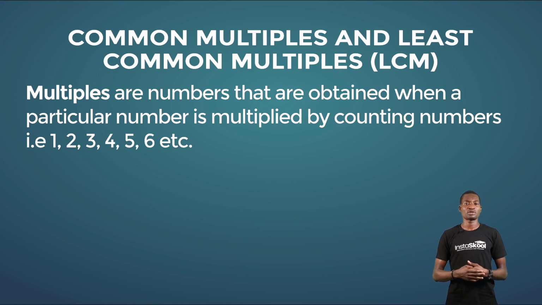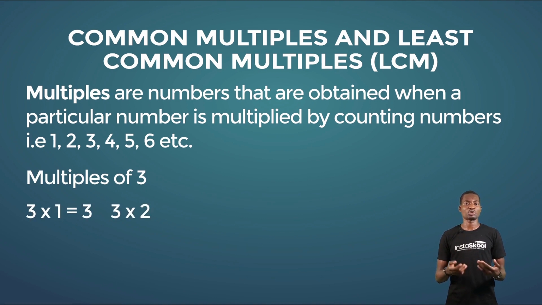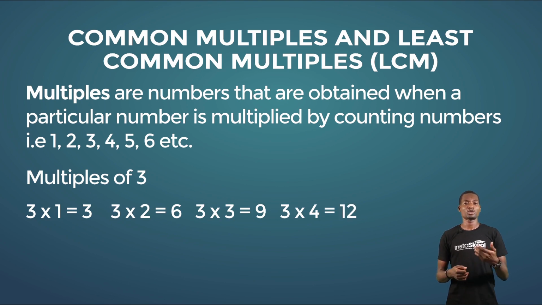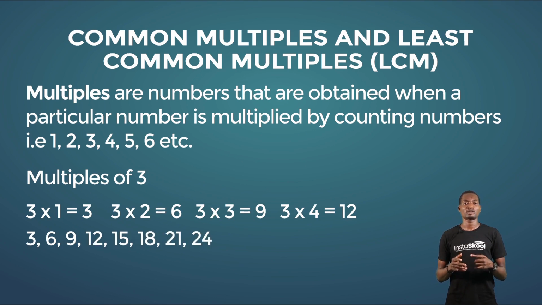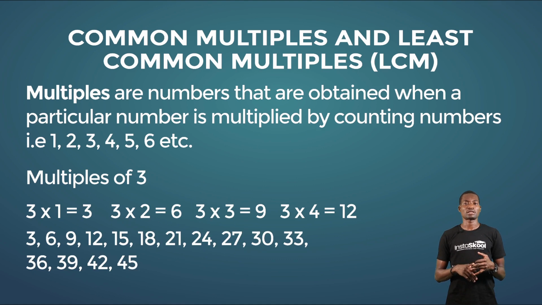Take for example, if I want to find the multiple of 3, it will be 3 times 1, 3, 3 times 2, 6, 3 times 3, 9, 3 times 4, 12. So the multiples of 3 are 3, 6, 9, 12, 15, 18, 21, 24, 27, 30, 33, 36, 39, 42, 45.